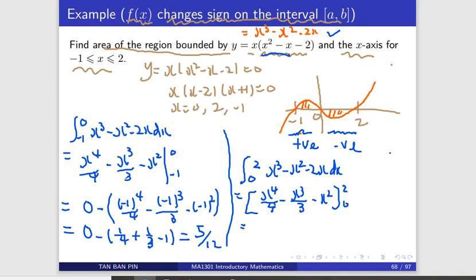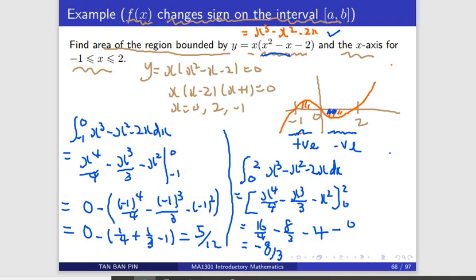If you sub in 2, 2 to the power 4 is 16, so it's 16 over 4 minus 8 over 3 minus 2 squared, which is 4, then minus 0. It will give you an answer of minus 8 over 3. You should expect a negative answer because the region is below the x-axis, so minus 8 over 3 with negative is correct.